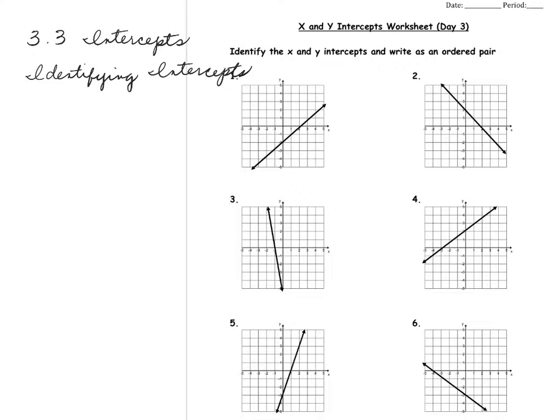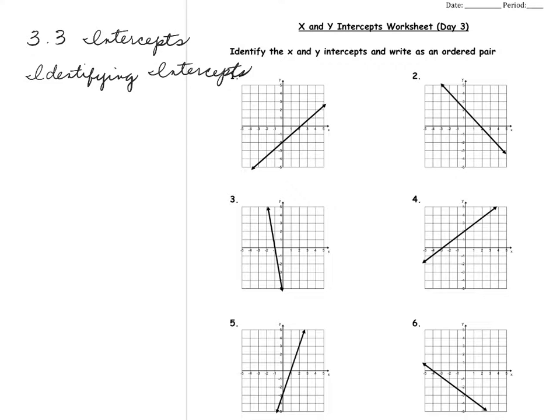It's when two players are running and they end up at the same spot, and one of them gets the ball that the other one was supposed to get. But it basically has to do with them being at the same spot. So an intercept is a place where the graph of a line or any other graph will actually touch or cross the x-axis or y-axis.